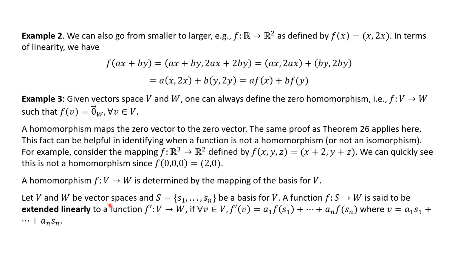Let V and W be vector spaces and S be a basis for V. The function f mapping S to W is said to be extended linearly to a function f prime from V to W if for every little v, an element of our vector space V, f prime of v equals this linear combination here, where v is represented as a linear combination of S.